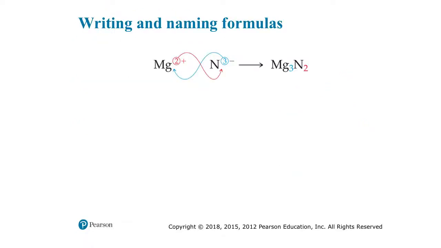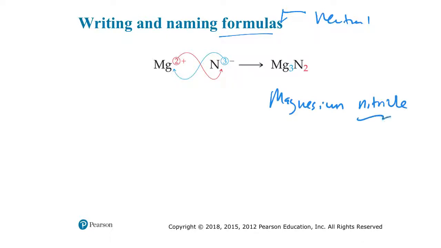Now, formulas. A formula should be neutral in charge. So if we said write the formula for magnesium nitride, well, the nitride ion is N3-. The magnesium ion is Mg2+.